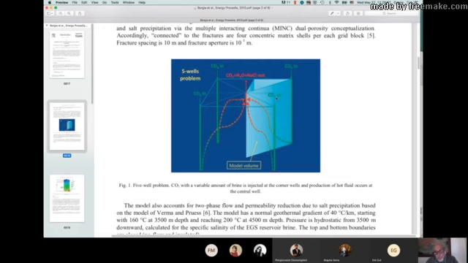Because with TOUGH2, as we discussed, you cannot go much above a few tens of thousands of cells, otherwise you are not able to run your problem. So we are going to model only the area that you can see here.